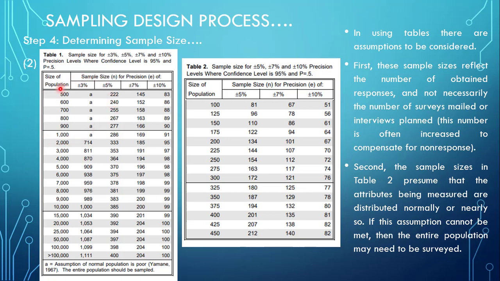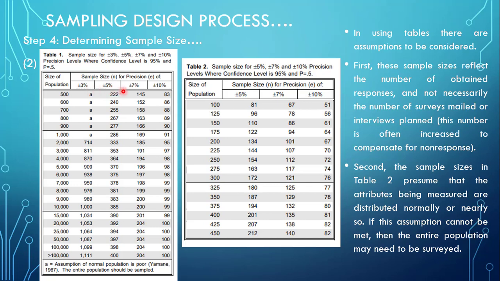But if the population size is between 500 to 1000, the same population size but with a different precision level, now the precision level is 5%, then you are going to take between 222 to 286 respectively.